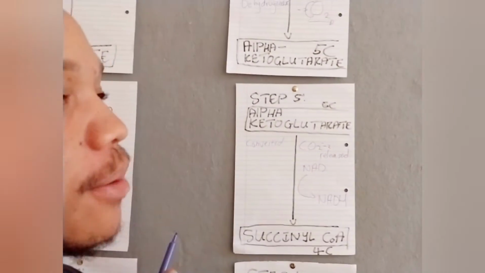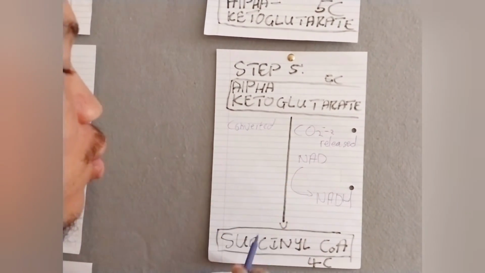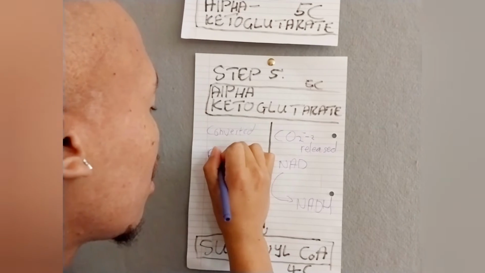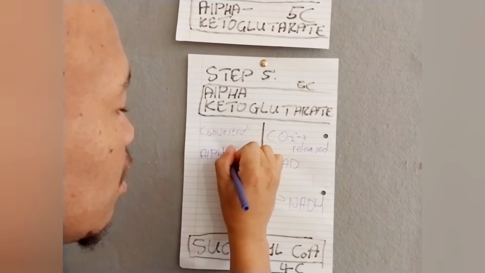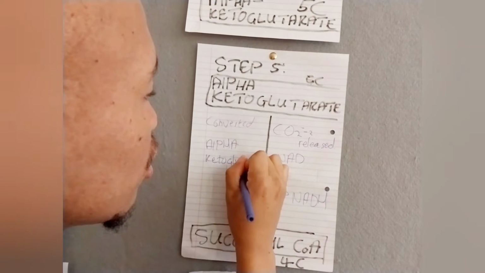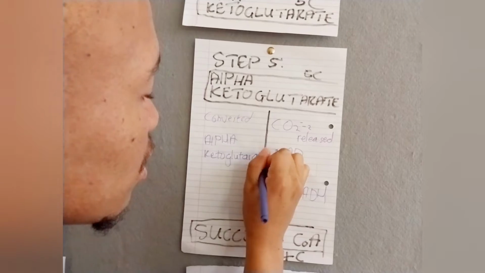In this fifth step, we're going to talk about alpha ketoglutarate being converted into succinyl CoA by an enzyme called alpha ketoglutarate dehydrogenase.